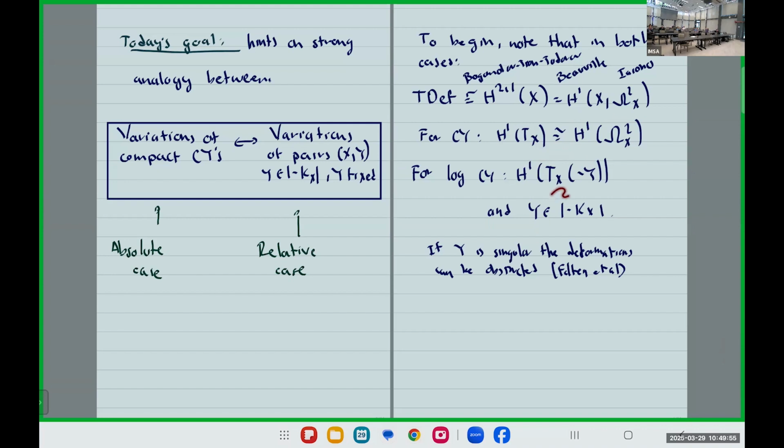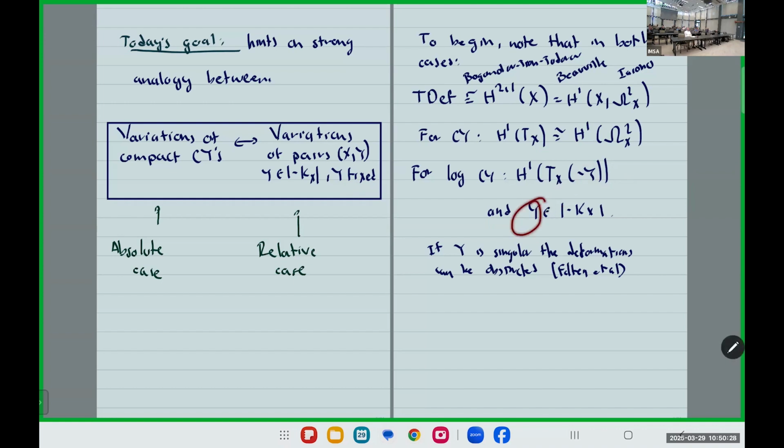In the low Calabi-Yau case, the tangent vectors controlling the deformations of the pair are those tangent vectors that are tangent to Y. But actually, we want to fix Y. So if we want to fix it, we consider the tangent vectors that are vanishing on this Y, and this is the group that is controlling the deformations of these pairs.